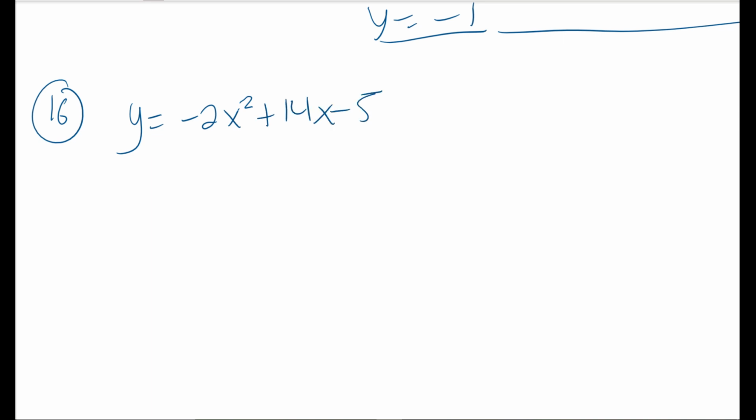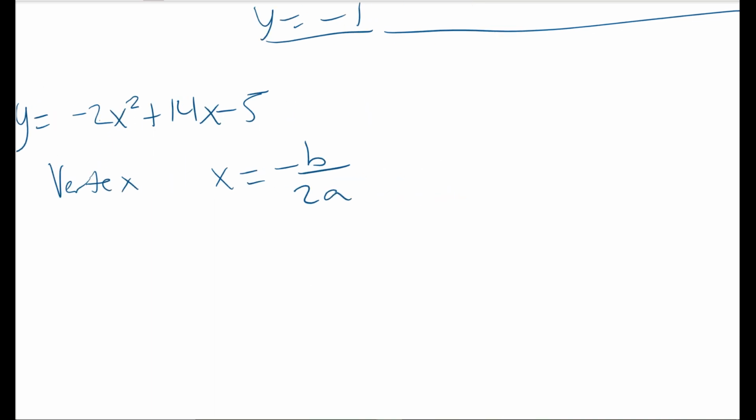All right, so if we want to find the maximum or minimum and then the range, first off, we need to figure out what the vertex is, because this is a parabola, so it has a vertex. So let's find the vertex. Remember, to find it, you use the formula negative b over 2a.